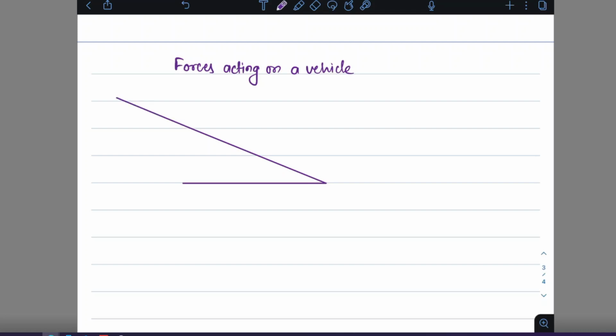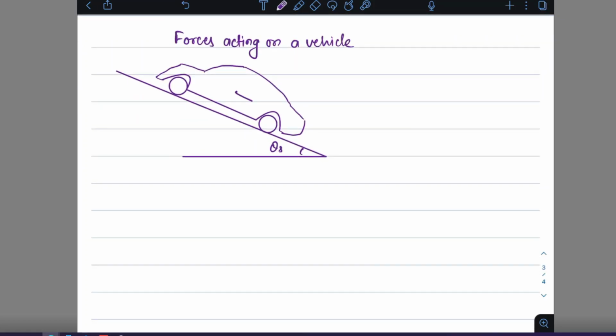So let us consider this angle as theta s, and let me draw two wheels. Okay, so this is the CG, right?